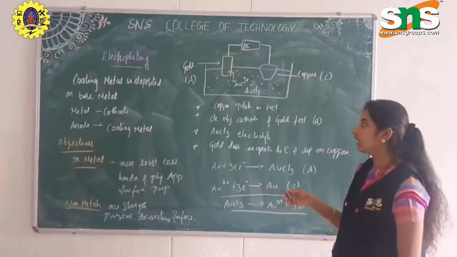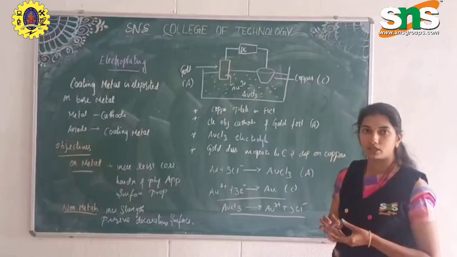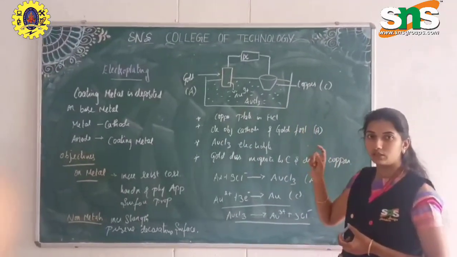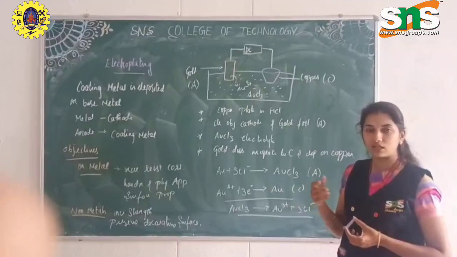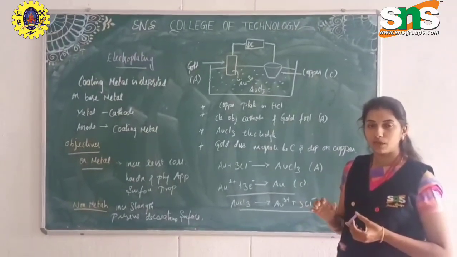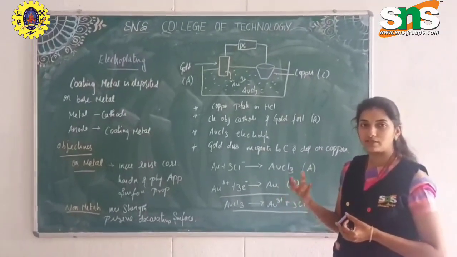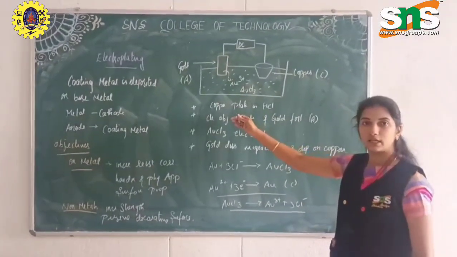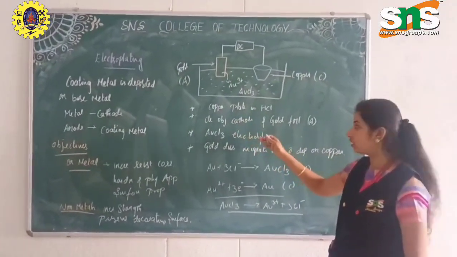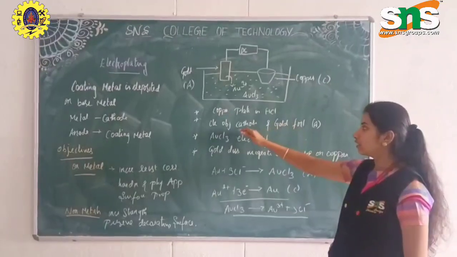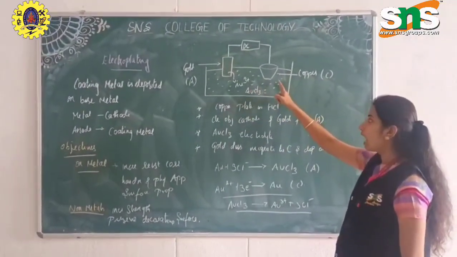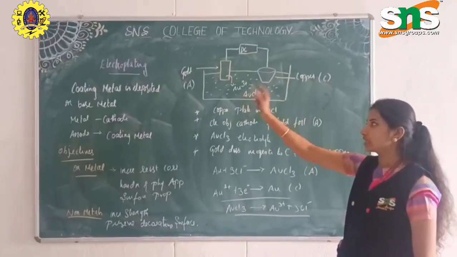Next, the copper object. The copper object is first treated with a dilute HCl or sulfuric acid solution to remove dust particles and any other impurities. Then the cleaned object is made the cathode, that is copper, and the gold foil is the anode.